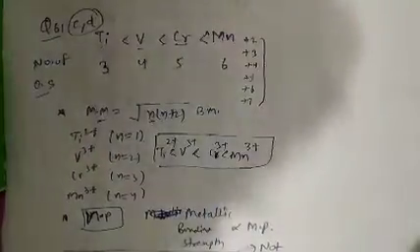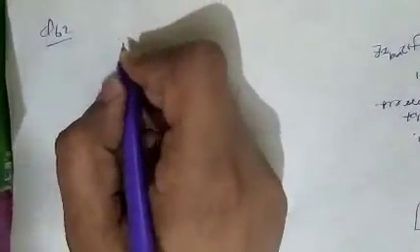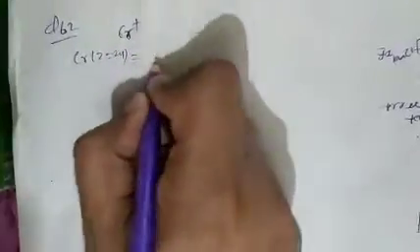See question number 62. In question number 62, what is given there? The number of unpaired electrons in Cr plus. As we know, ground state atomic number 24, configuration is argon 3d54s1.